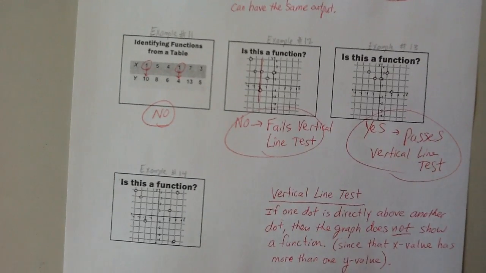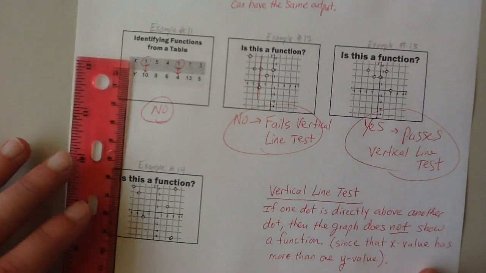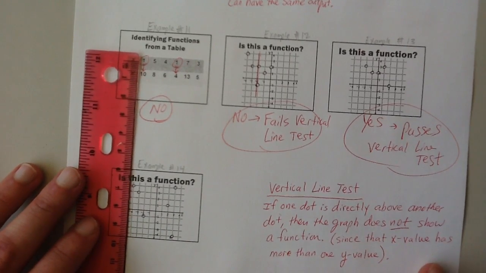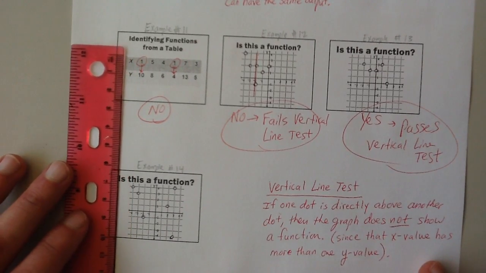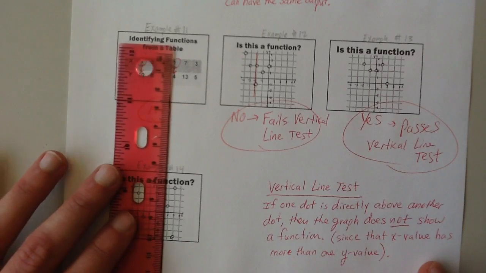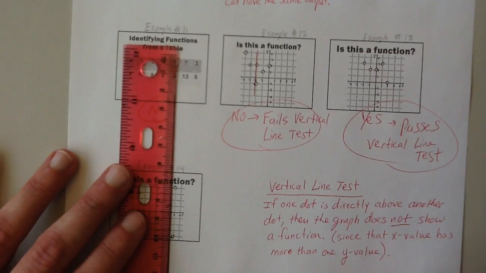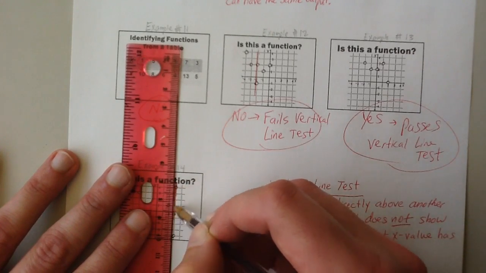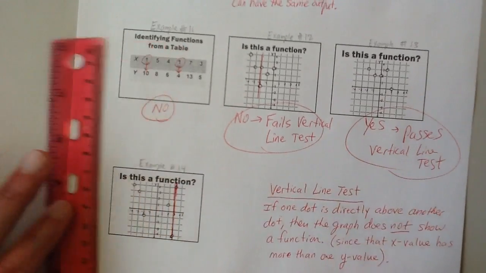Last one, example number 14. Is this a function? Does it pass the vertical line test? So let's see. I'm going to slide my vertical line across the graph and see if there's any dots stacked on top of one another. I'm good, I'm good, I'm good, I'm not good. Do you see these dots? They're stacked right on top of one another.